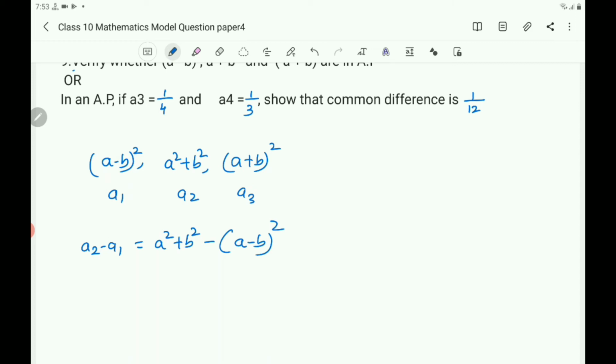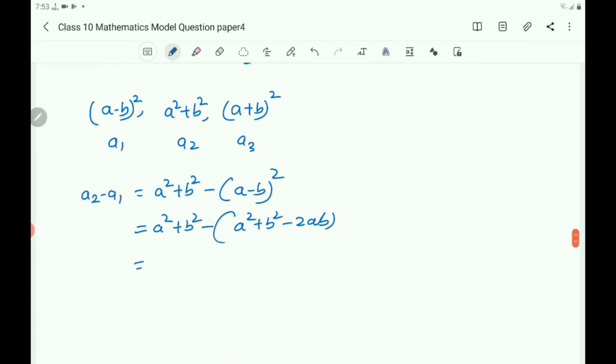So if you want to do a2 minus a1, a2 is a square plus b square minus a minus b whole square, that equals a square plus b square minus, this is a square plus b square minus 2ab. So you got a square plus b square minus a square minus b square plus 2ab.